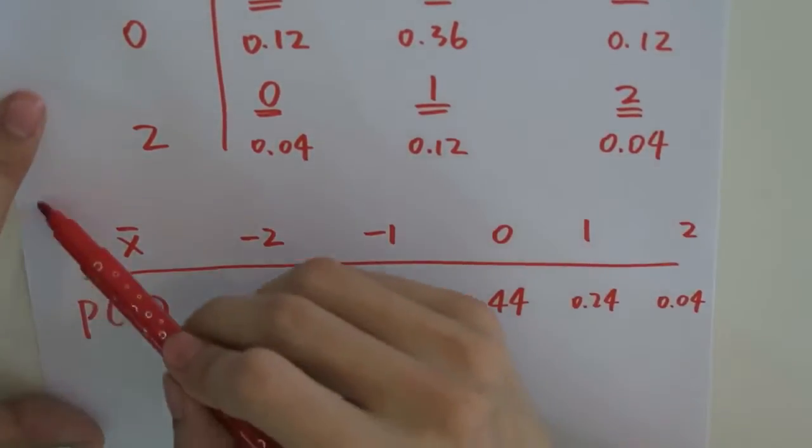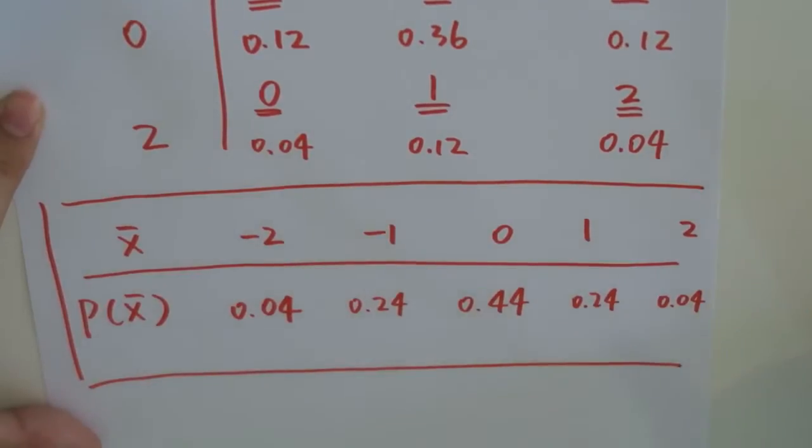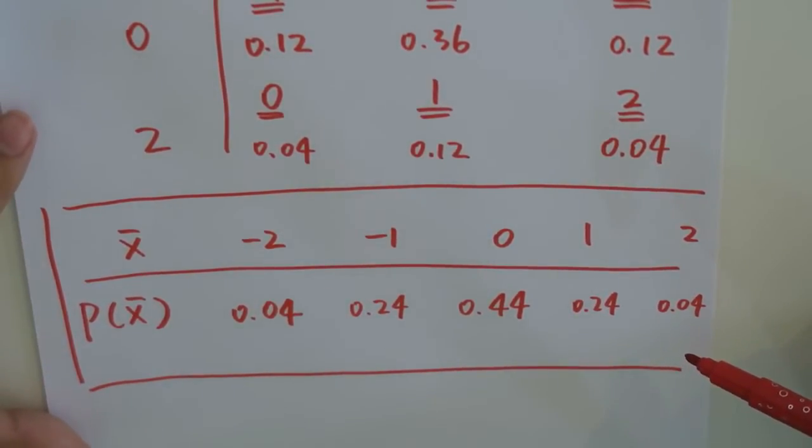Okay? So this table here will be the probability distribution of sample means. That is also the sampling distribution of sample means, which is the answer to part A. You can double check if your answer is correct.